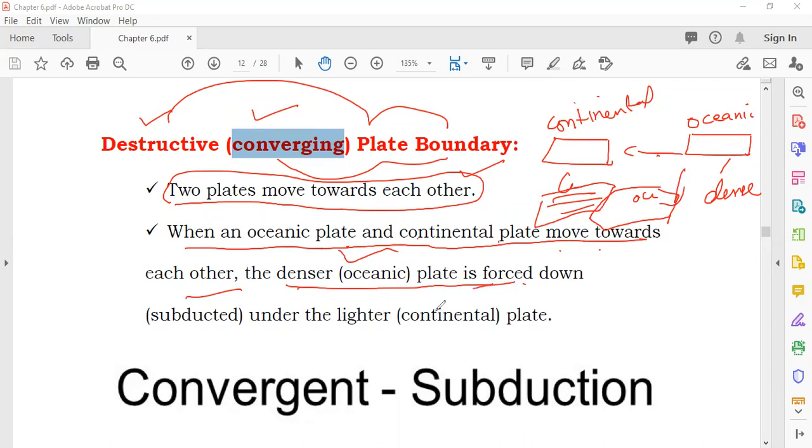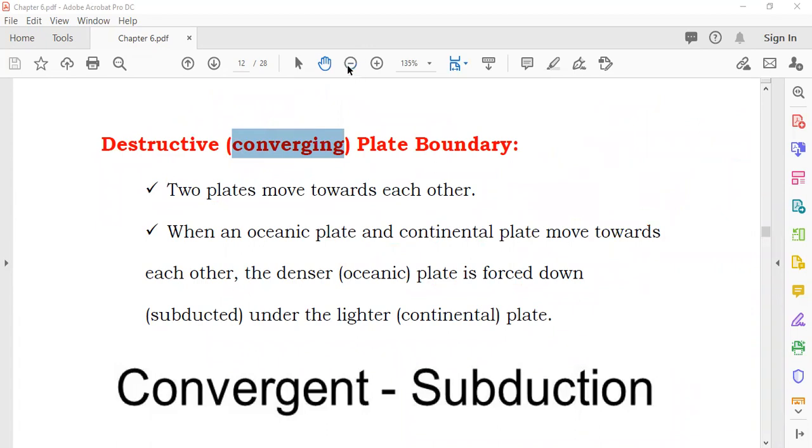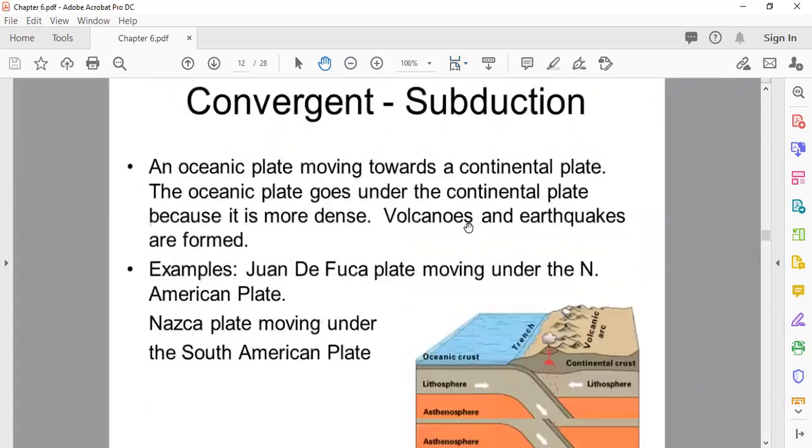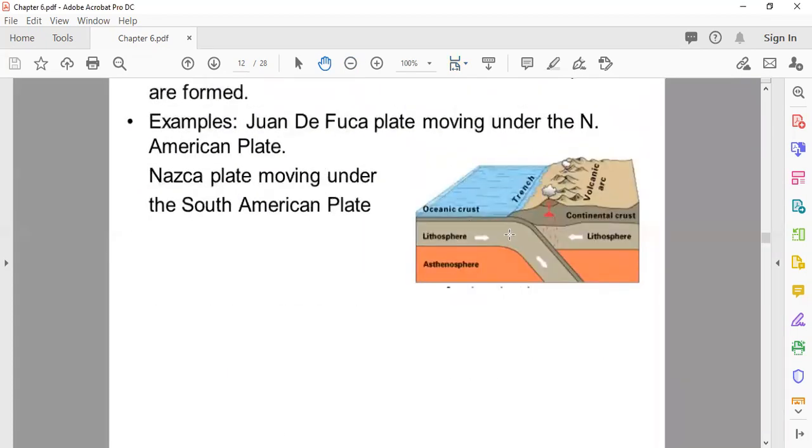You can see the diagram here. See here. Understand? So this is the oceanic crust, the oceanic part, and this is the plate. It goes down, and above this one comes the continental. Why? Because oceanic is more dense, so it goes down.